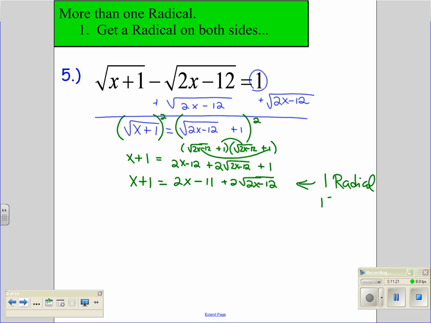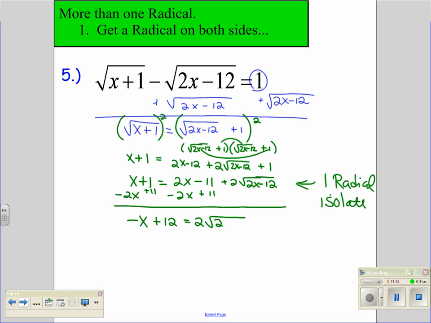So let's go back to what we know how to do, isolate that radical. All right, so I'm going to subtract 2x, get it to the other side. I'm going to add 11 to the other side as well. That's going to give me a negative x, plus 12, and that's going to equal 2 square root 2x minus 12.